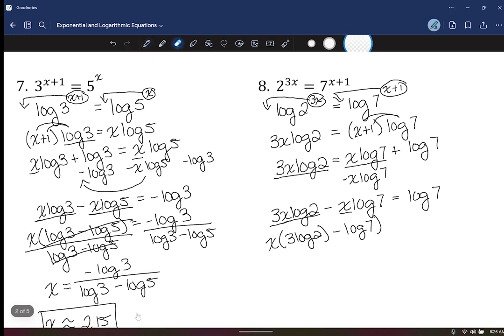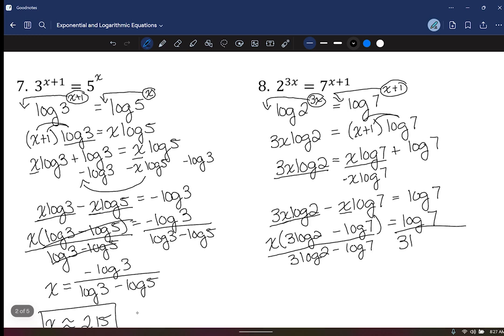And I don't know why I put that little parenthesis right there, so we'll take it out. Equals log 7. Now I can divide by the 3 log 2 minus log 7. We'll plug that in. When you plug that in, you're going to get 14.57.